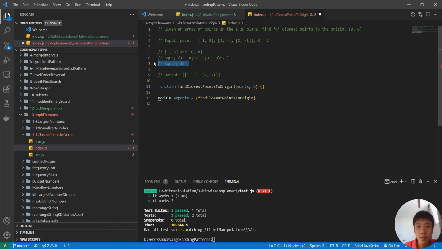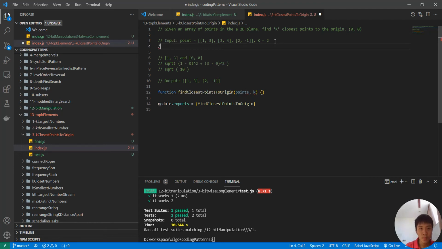So we can calculate the distance of every point to the origin, right? So our problem comes down to finding the smallest distances, the k smallest distances of each point, right?